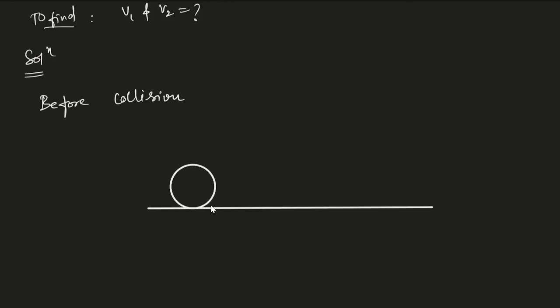One is 10 kg, another one is 20 kg. For 20 kg I'm just drawing a bigger circle. Now this is mass 1, m1 equal to 10 kg and u1 equal to 4 meter per second.